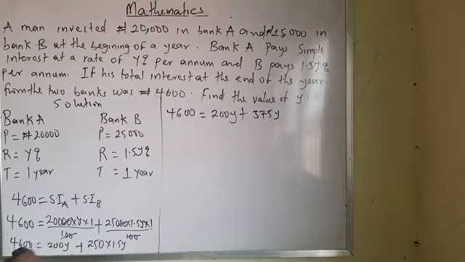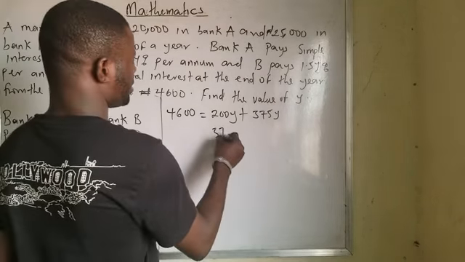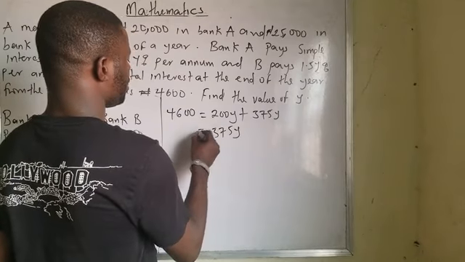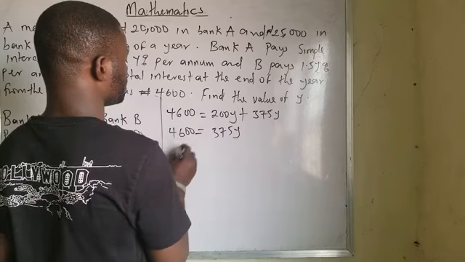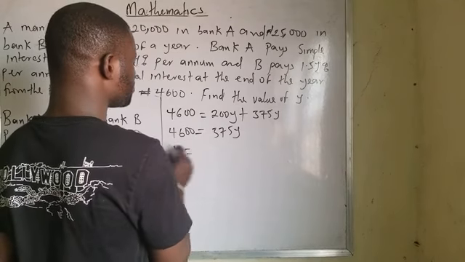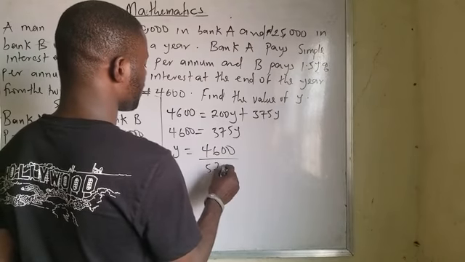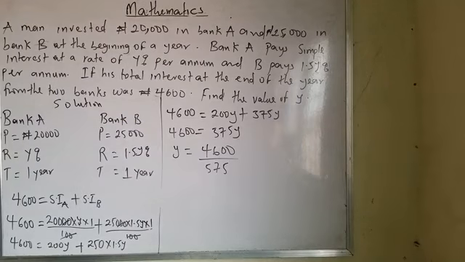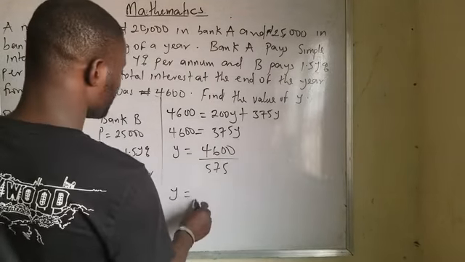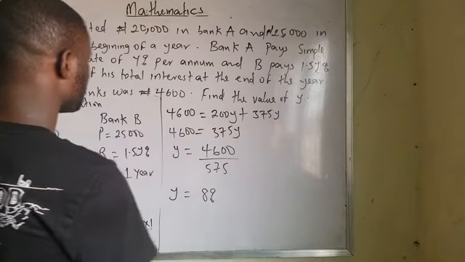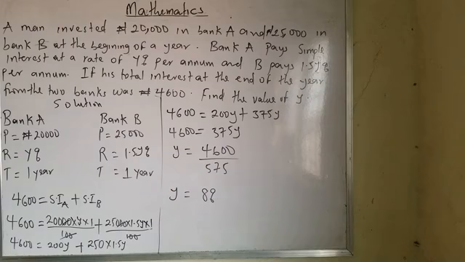Now, collecting the y terms, 575y equals 4,600. It means y equals 4,600 divided by 575. By so doing, my y will be equal to 8%.